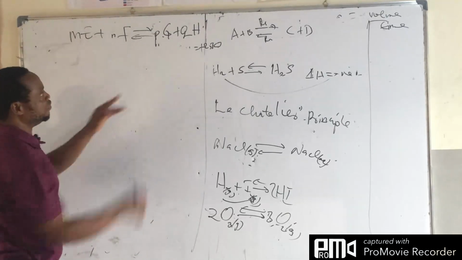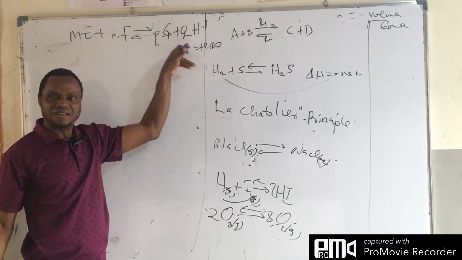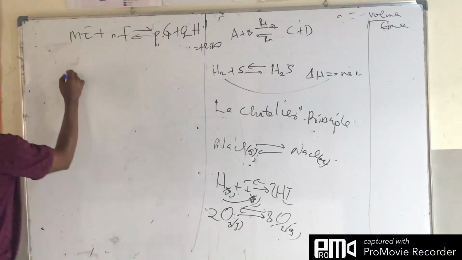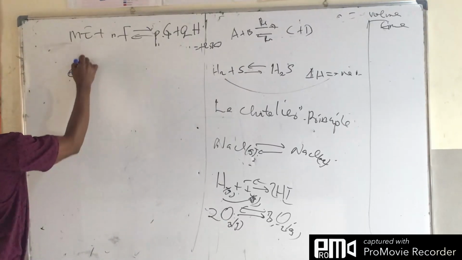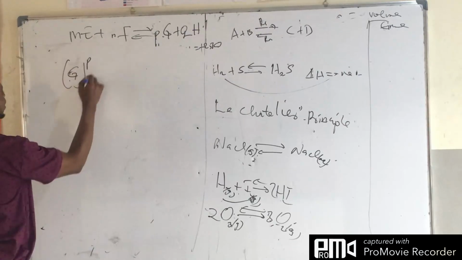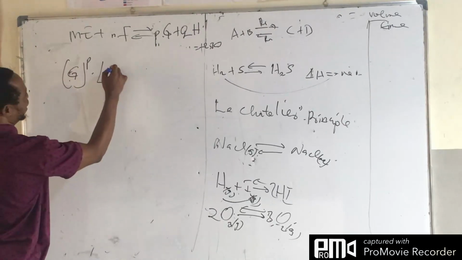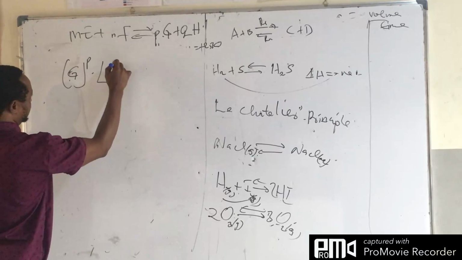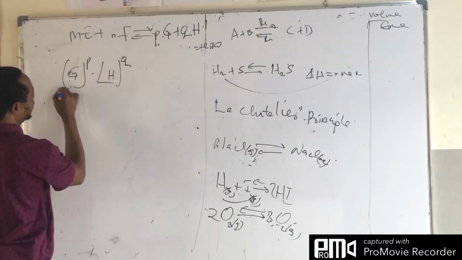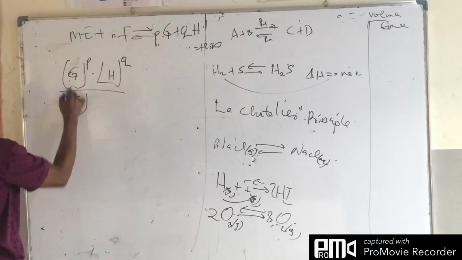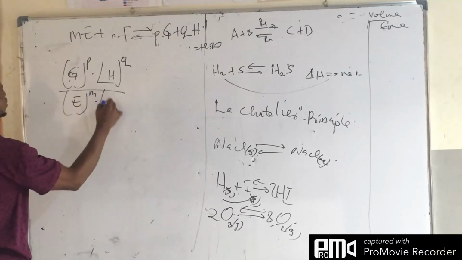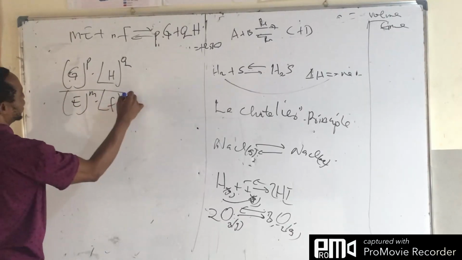Products to the power of their moles. So we just write the species G in bracket, raised to p, dot, H to power q, all over the reactants, E raised to power m, dot F to power n.